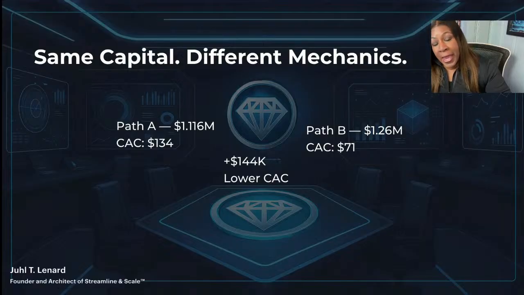So in path A, we're looking at CAC of 134 and 1.1 million, but with path B, where we corrected the primary constraint, we're at 1.26 million and 71, much lower CAC, right? That is up 144,000 and lower CAC.